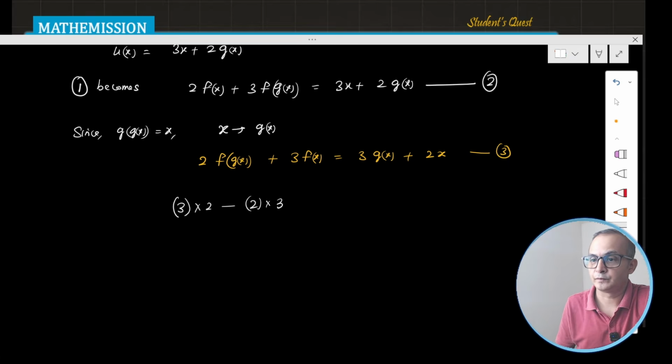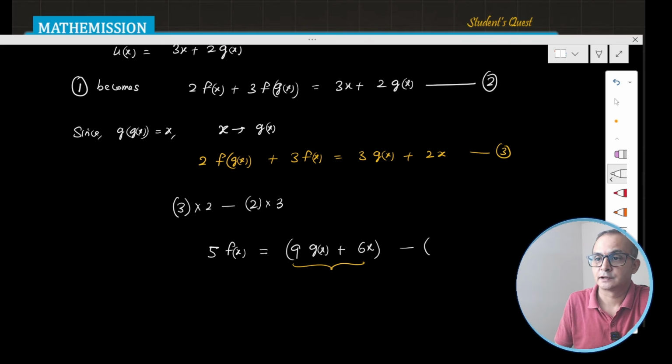Here it will become 9 and 4, so 9 minus 4 gives 5 f(x) on the left hand side, because the f of g(x) terms cancel. On the right, 3 times 3 is 9 g(x) plus 6x from the second equation, and from the third equation multiplied by 2, 6x and 4g(x). After simplification, I got 5f(x), and here 6x cancels and 9 minus 4 is 5, so 5g(x).